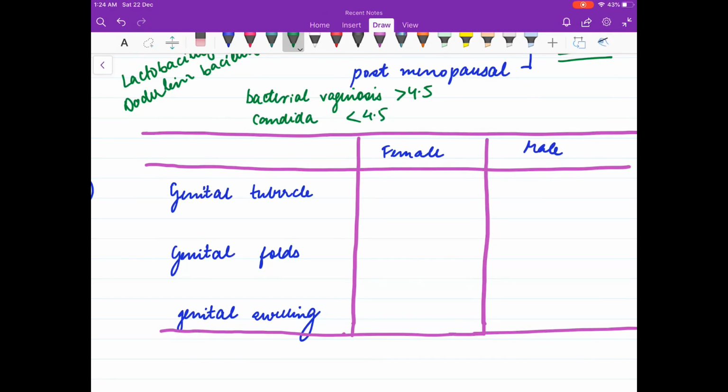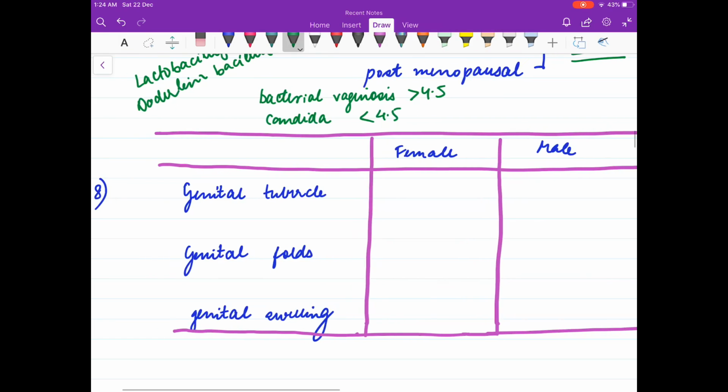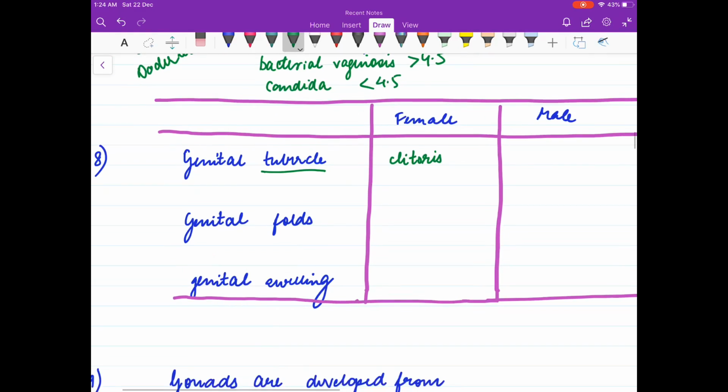Now we will discuss the derivatives of genital tubercle. In females it is clitoris. Genital folds form labia minora, and genital swelling forms labia majora.